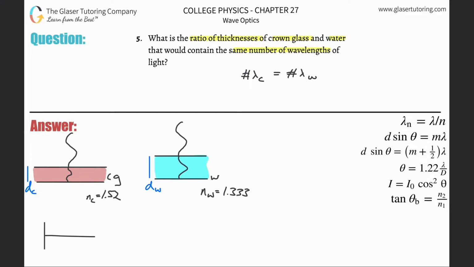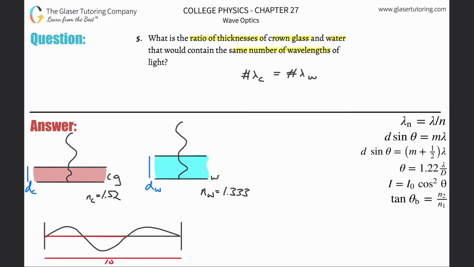Well, pretend you had this kind of thickness, this distance, and let's say it had 1.5 wavelengths there. Pretend that the total distance here is 10, and I'm going to give you this wavelength distance, because the wavelength is one full up and down cycle.